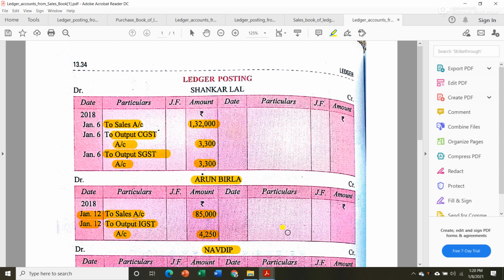But if in exam they ask to prepare trial balance as well, then what you have to do is balance all these ledger accounts. Then you have to see whether Shankar Lal, for example, is having debit balance or credit balance. If Shankar Lal is having debit balance, then you have to write in the debit column in trial balance. If it is showing credit balance, then you have to write in the credit side of trial balance, and then you have to find out total of trial balance, both the columns.